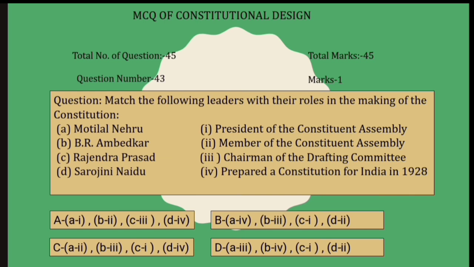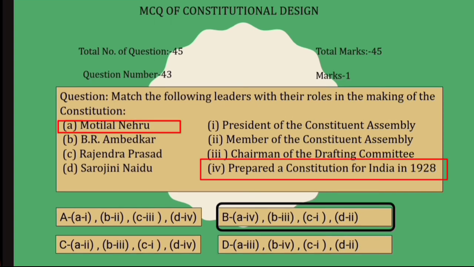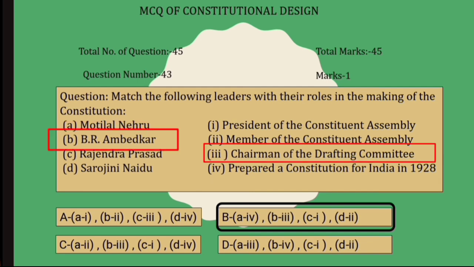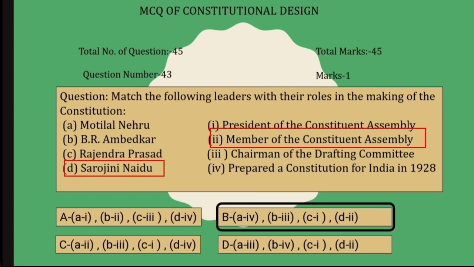The correct matching answer is B, in which Motilal Nehru prepared a constitution for India in 1928. B.R. Ambedkar, Chairman of the Drafting Committee. Rajendra Prasad, President of the Constituent Assembly. Sarojini Naidu was a member of Constituent Assembly. It's a very important question.